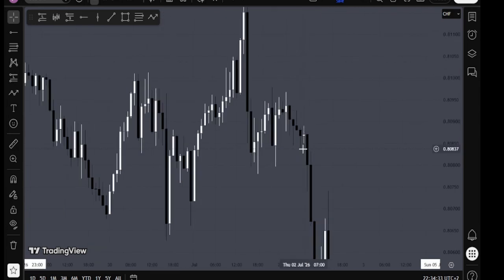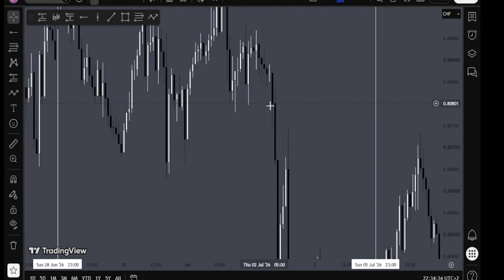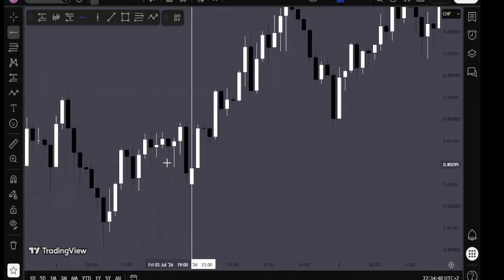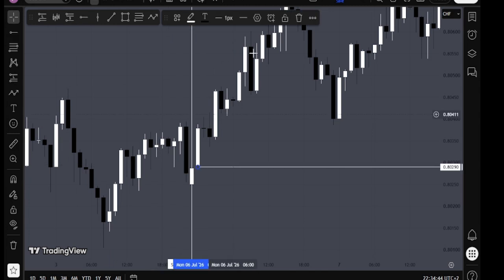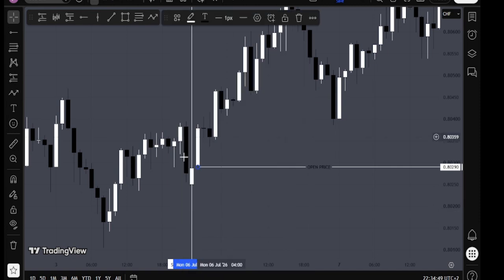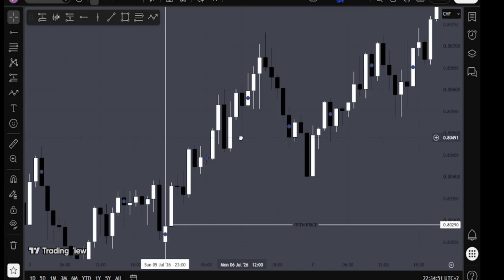Before we look for points of interest, let's look at next week and see what happened then. Same thing: we go to midnight, 12 o'clock. This is opening price right here. The market opened and pushed up, as you can see.